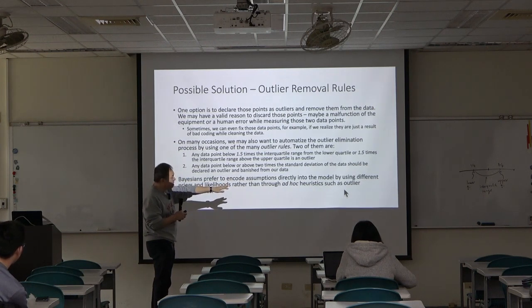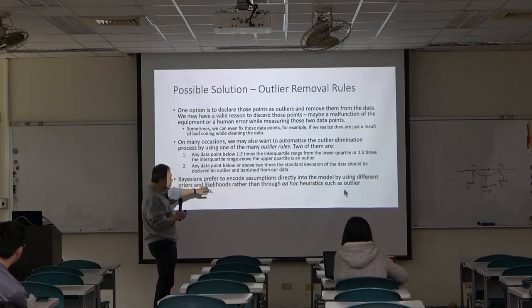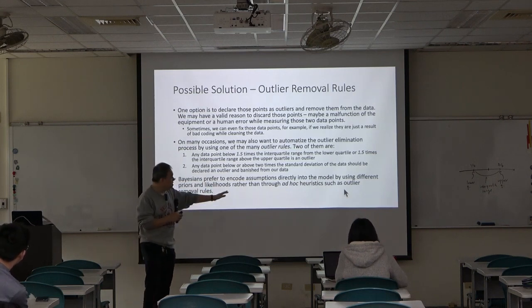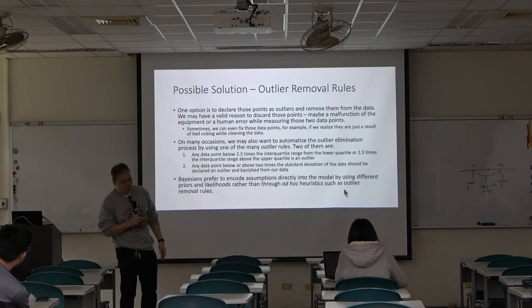What do we mean by that? We can use different priors and likelihoods to take care of the outliers, instead of using those heuristic rules to get rid of them.